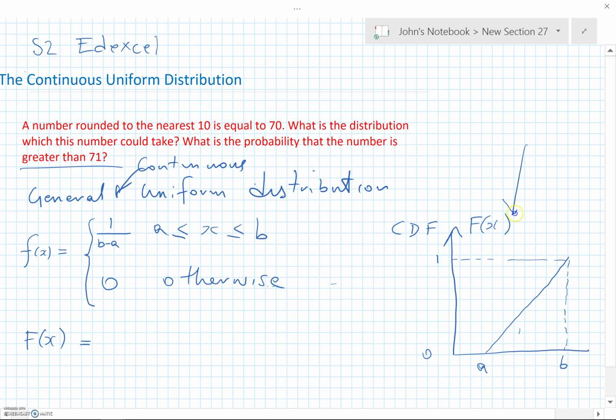The gradient of this is going to be equal to this length here, which is 1, divided by this length, which is b minus a. So we can use this to work out the equation of it.